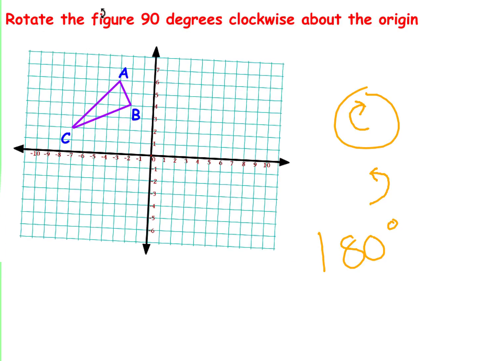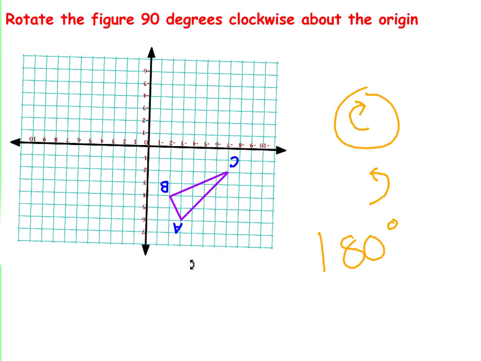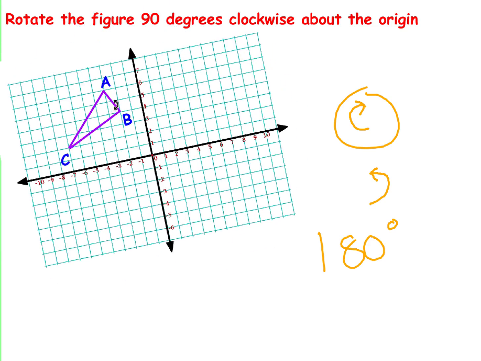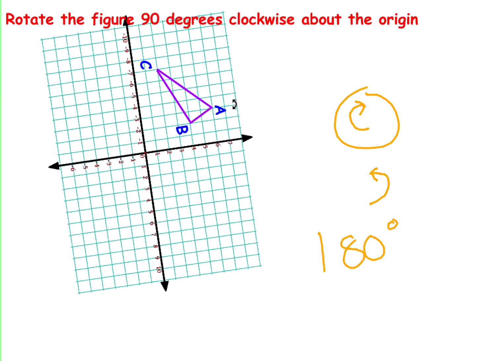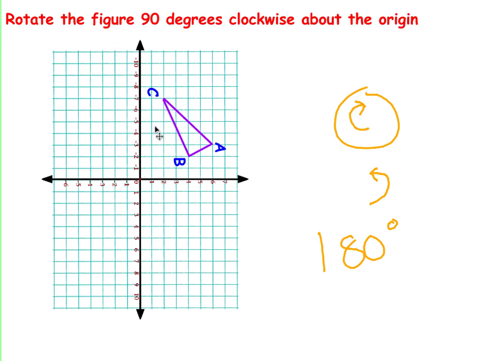If I said rotate 180 degrees, we'd turn halfway around. But because we're only going 90 degrees, we're only going to go half of that. So instead of going halfway around, I'm going to do a quarter turn and stop here. This would be a 90-degree rotation.